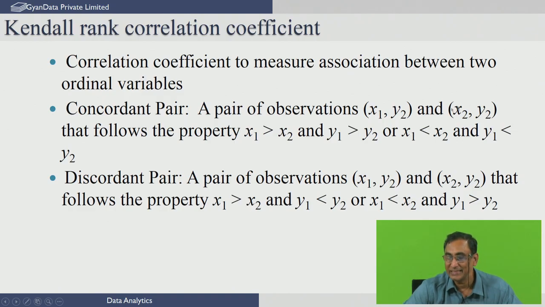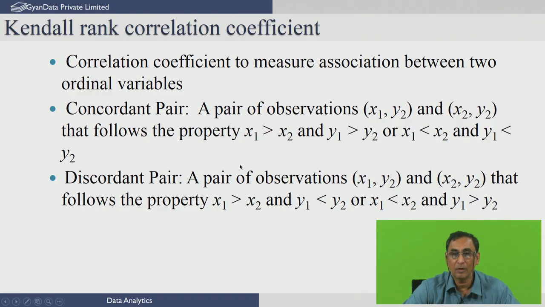That means, if x increases and y also correspondingly increases, then these two data points are said to be concordant. Similarly, if x1 is less than x2 and correspondingly y1 is less than y2, then also we say it is a concordant pair. That means, when x increases, y increases, or x decreases and y decreases, then we say these two data pairs are concordant.